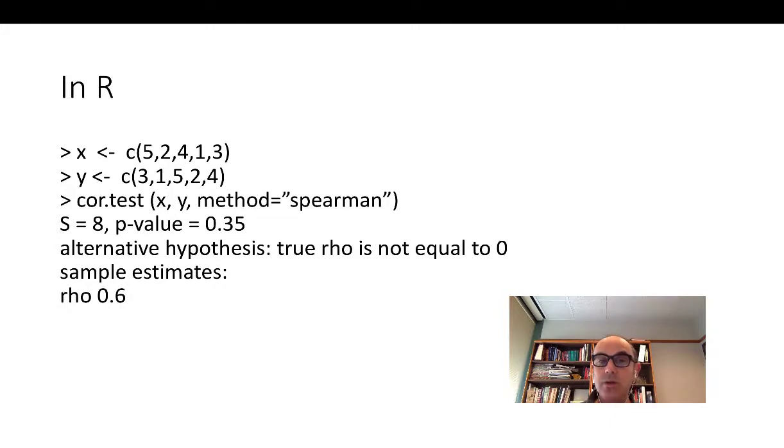I will say cor.test, and I will say X and Y, and the method will be Spearman, and it will give me the result that S is equal to 8 and the p-value is equal to 0.35. The alternative hypothesis is that the true rho is not equal to 0, and the sample estimate is 0.6. I will talk about that later on, but I want you to have the mechanics in order for you to understand what it is.